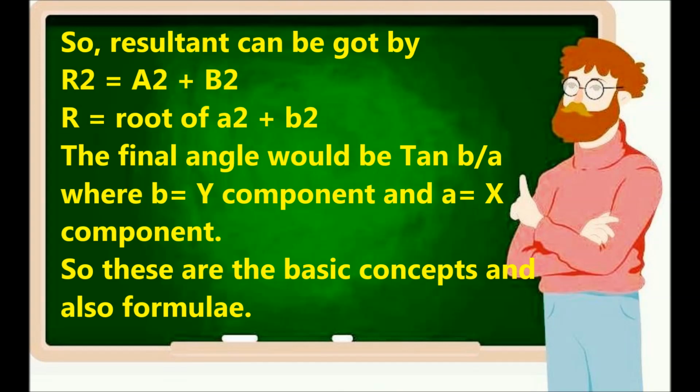We have actually made the process of adding vectors very simple by breaking each vector into rectangular components in the x-axis and y-axis, then adding the x-axis vectors, adding the y-axis vectors, then finally combining the two totals. So r is the root of a square plus b square. The final angle would be tan of b by a, where b is the y component and a is the x component. So these are the basic concepts and also formulas.